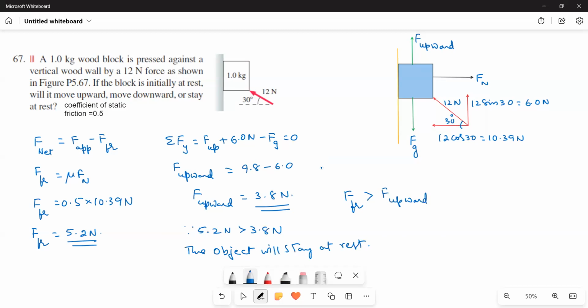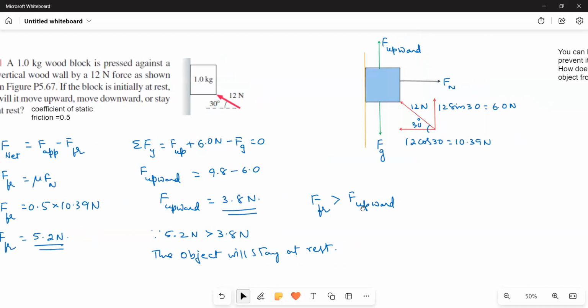Here you should remember that this is applicable for frictional surfaces. For non-frictional surfaces, it will be difficult. And always the frictional force must be greater than the upward force. Then only it will stay.